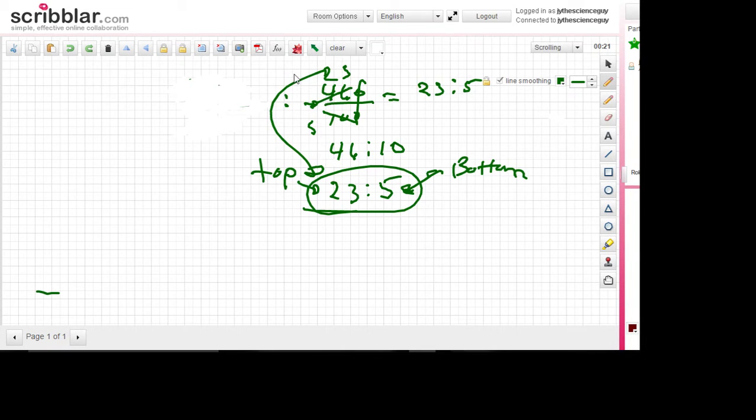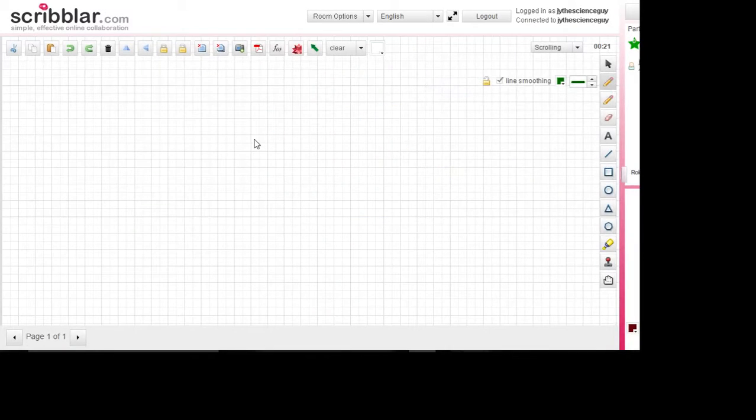Okay. Let's go with, let's say, 342, and then make that percent into a ratio. Can we do that? Yeah, 342%. So we have 342 over 100.